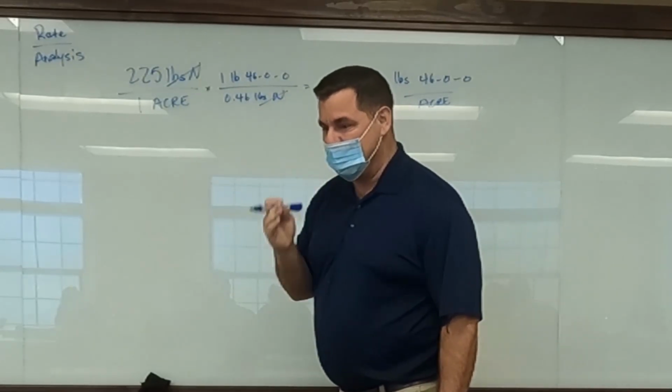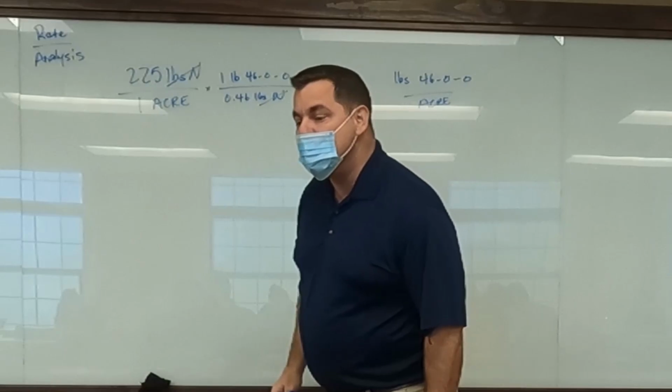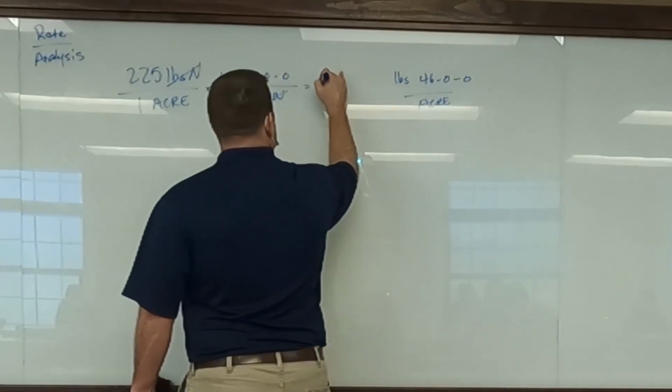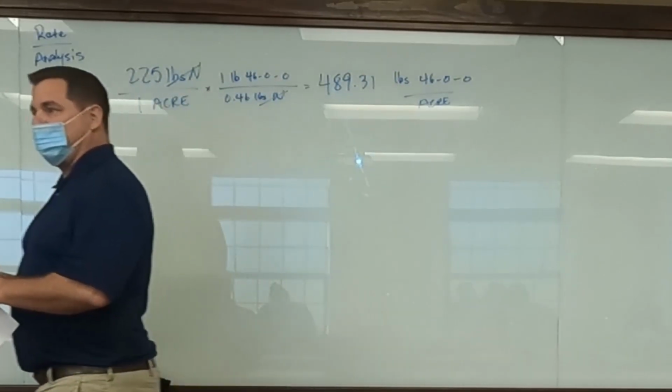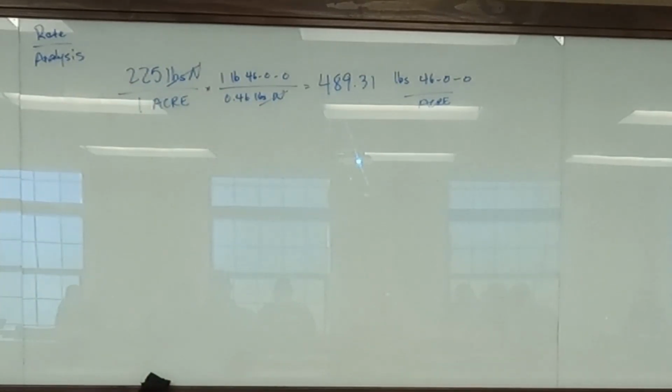It's okay. 489.31 pounds of 46-0-0 per acre.